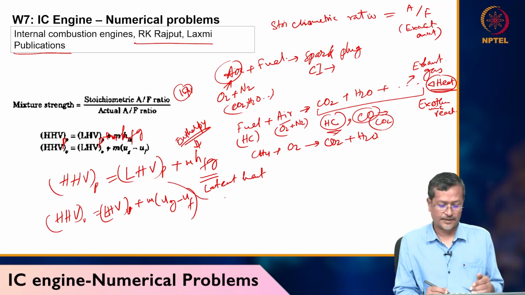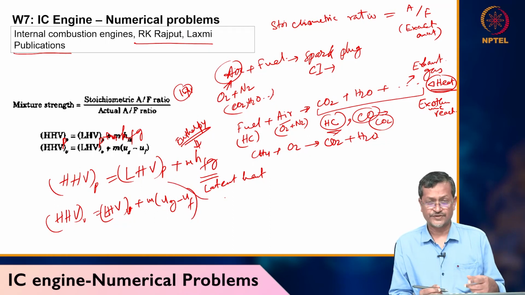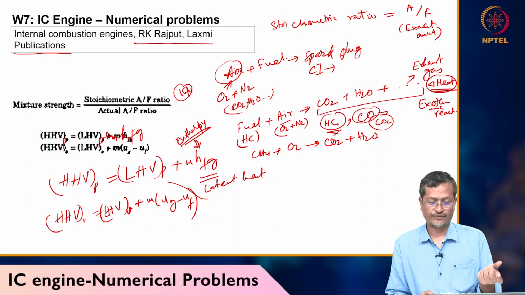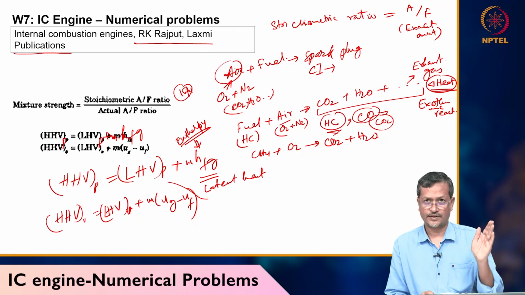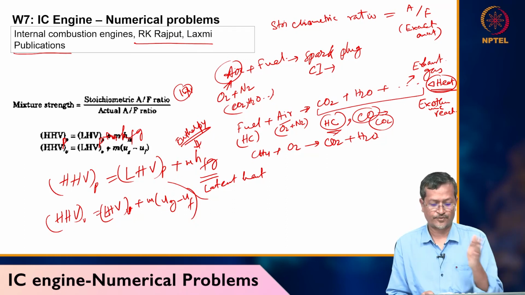UG means gas internal energy, UF means liquid internal energy. So by subtracting, you see how much energy is in the gas and how much is in the fuel; that difference is actually HFG.